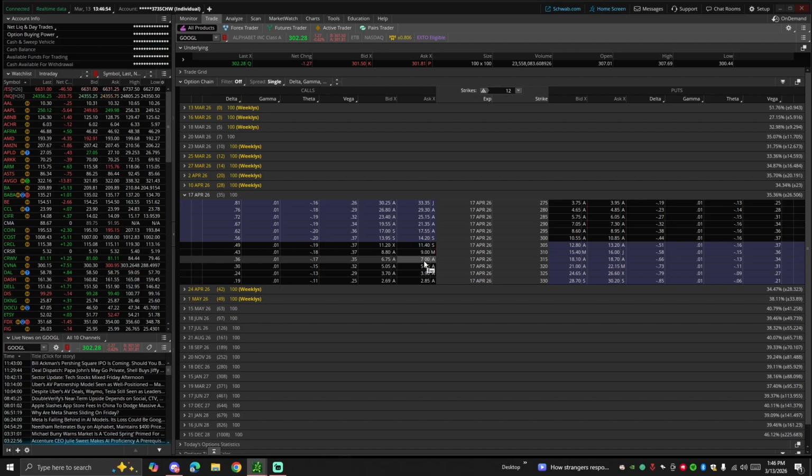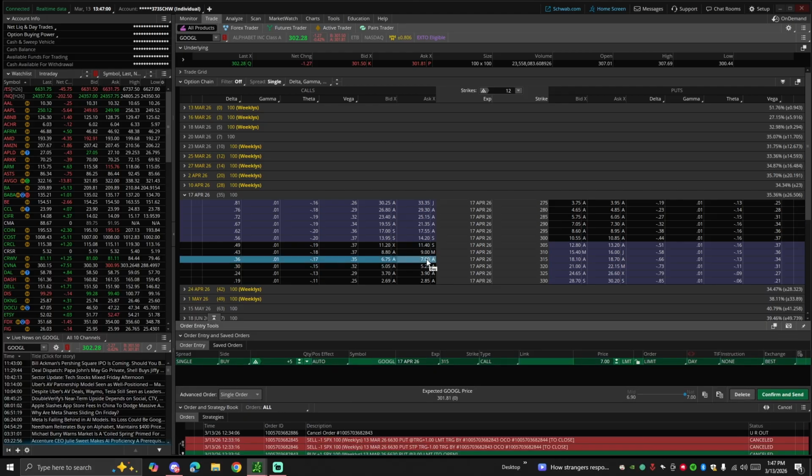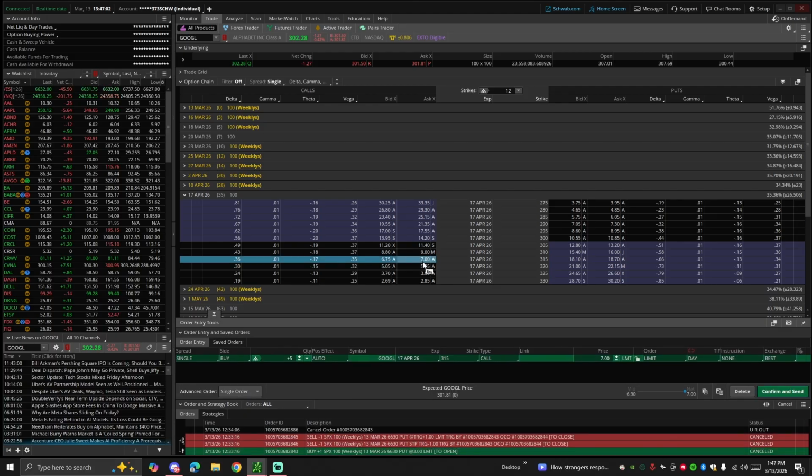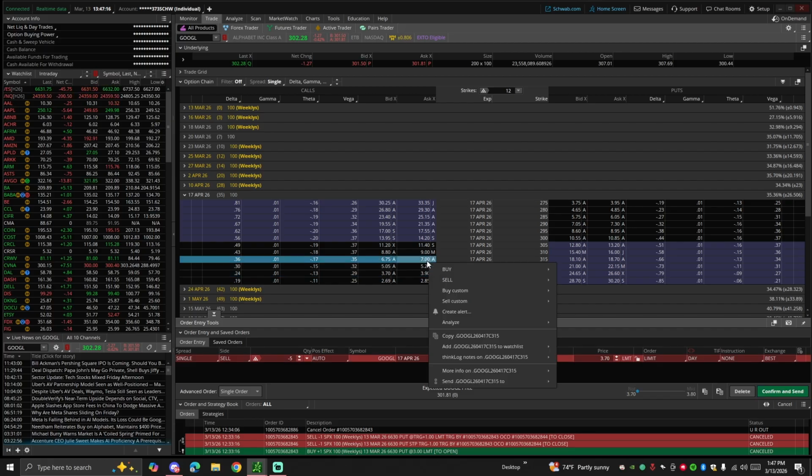If I'm making the assumption that Google is going to hit 315, I would buy the 315. And if I think it goes up to 315, it could potentially go past 325. Maybe I cap my gain by going 325 sell. It should let me add the leg.